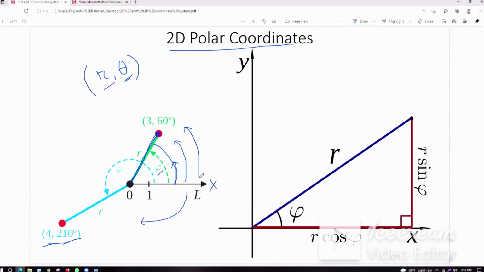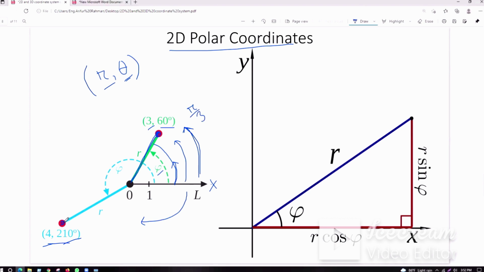Counterclockwise, or anti-clockwise, is always the positive direction. So if we refer to this point, 3 is the modulus, and 60 degrees, or pi by 3, is the argument.